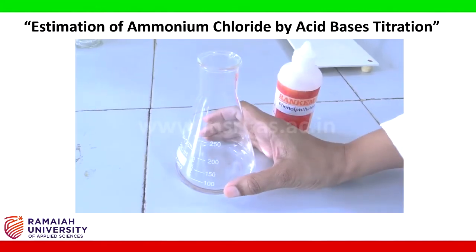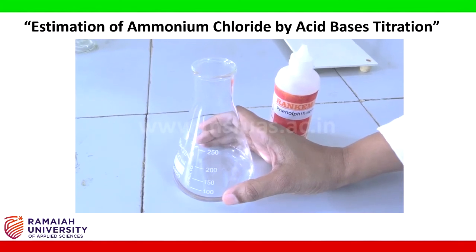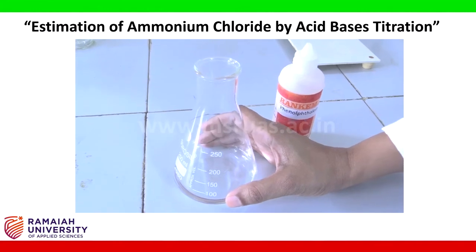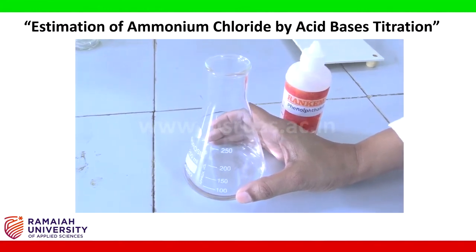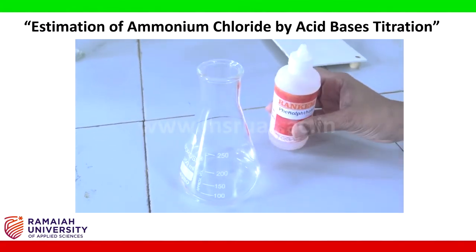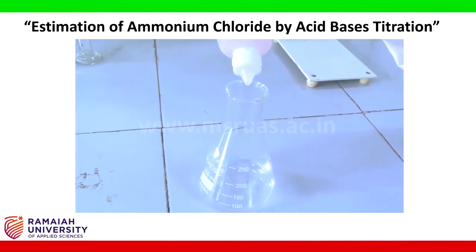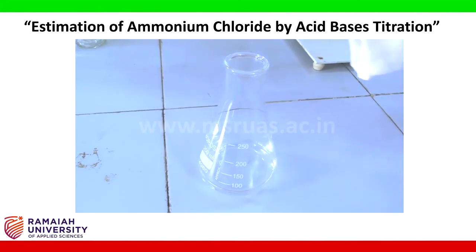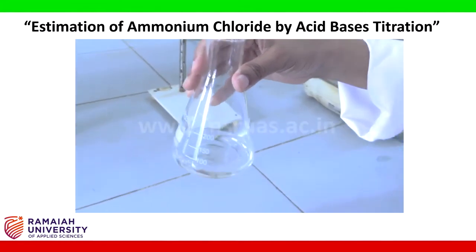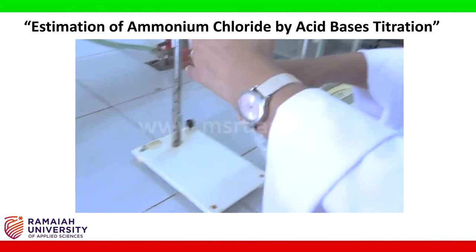Now this conical flask contains 0.1 gram of ammonium chloride dissolved in 20 ml distilled water. To this, a mixture of 5 ml of neutralized formaldehyde solution and 20 ml distilled water was added. To this, now add a few drops of phenolphthalein indicator and carry out the titration with 0.1 normal sodium hydroxide solution.